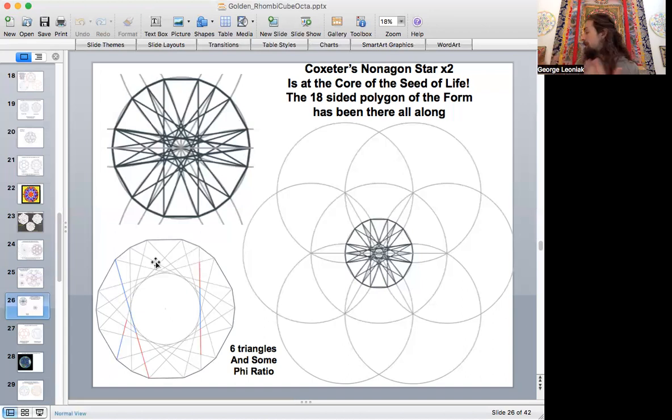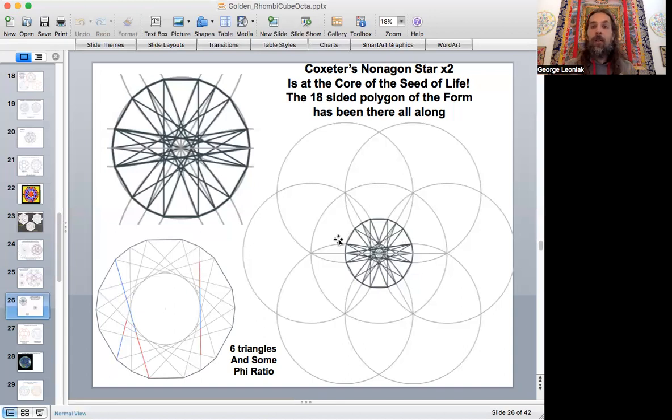And so basically the 18 points of this form that are the circumsphere, the radius of the form, or the circumference of the form around it, is right around those 18 points. So the outline of this form, looking down at it from above, from hexagon view, is right here in the seed of life.